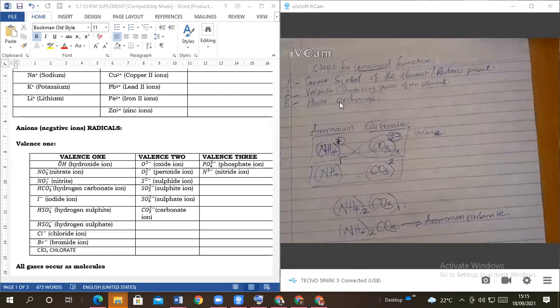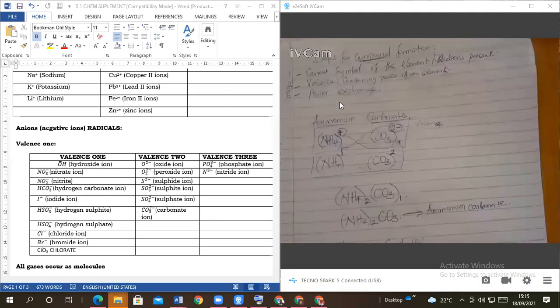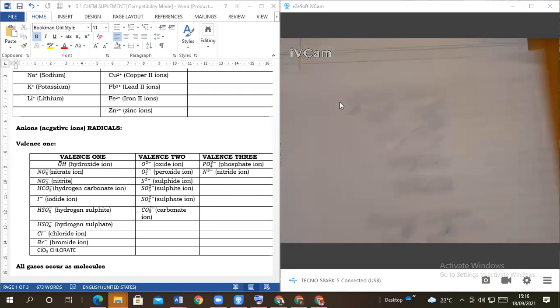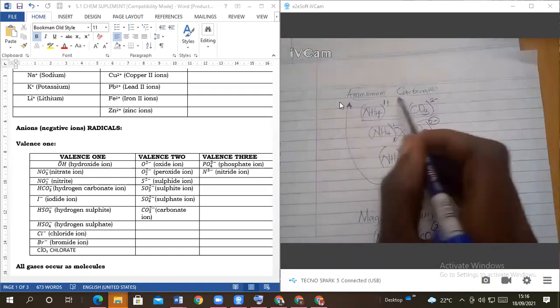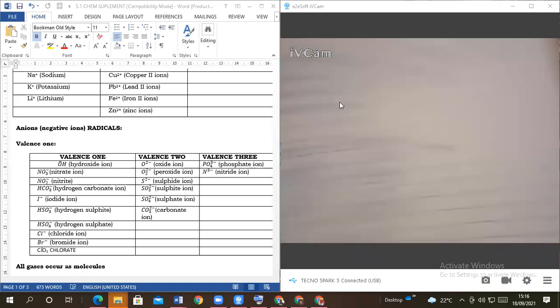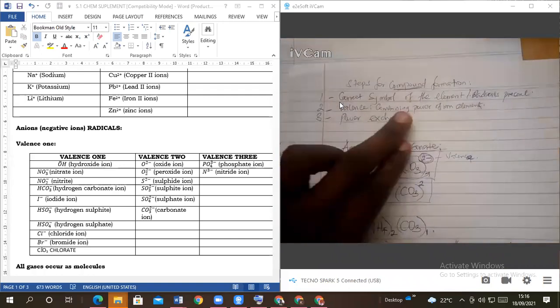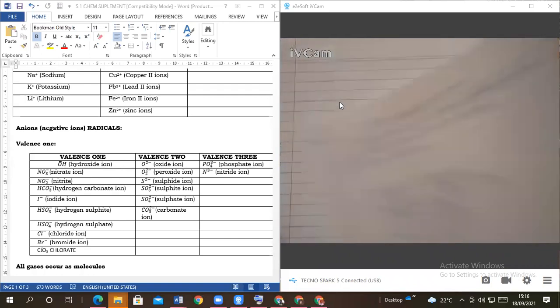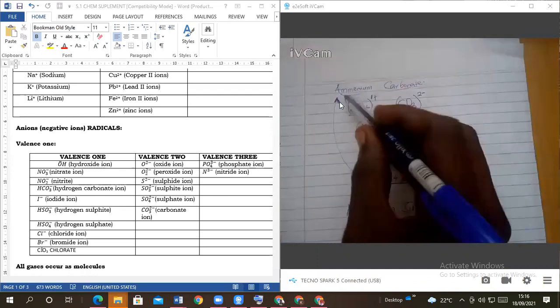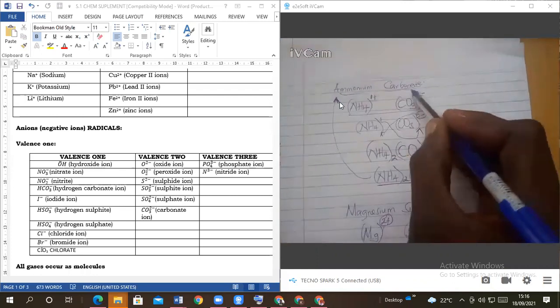Here they are saying, number one, you want this substance, ammonium carbonate. Our first step says, correct symbol of the element or radical present. We have ammonium and the carbonate.